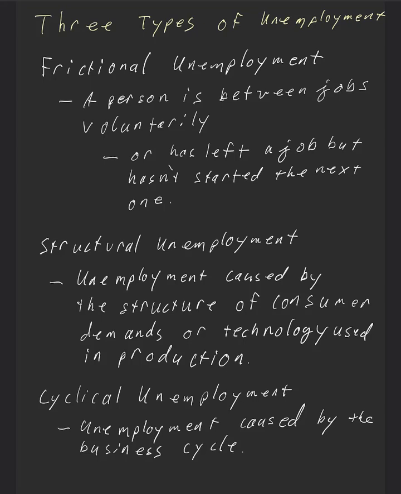The next is structural unemployment, and that is unemployment caused by the structure of consumer demands or technology in production. If we have an economy that's switching from horse and buggy over to motorized vehicles, then the people doing tasks technologically related to the horse and buggy might find themselves unemployed, and that's not going to be frictional unemployment, that's going to be structural unemployment.